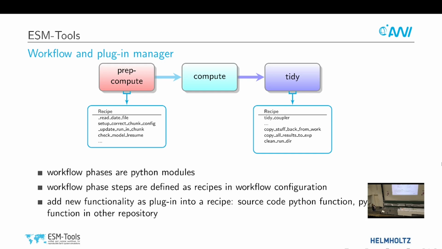And so now I come to the adaptable workflow manager. If you run a simulation, you have to prepare your experiment. This is done in the prep compute phase, so to say, and then the main computation of the simulation takes place, and then you have to clean up a bit, and then depending on your setup, you may restart the whole simulation again, because you run this in chunks of 1 year, for example.